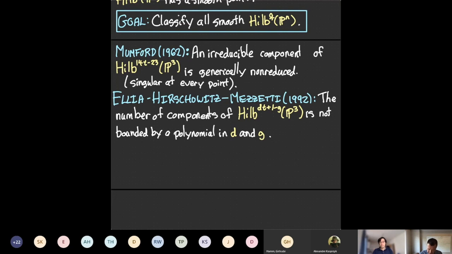And then finally, maybe to put the nail in this coffin, Ravi Vakil, in a celebrated paper called Murphy's Law. Murphy's Law in English is usually paraphrased as everything that can go wrong will go wrong. And what he translates this mathematically as is every singularity type appears.